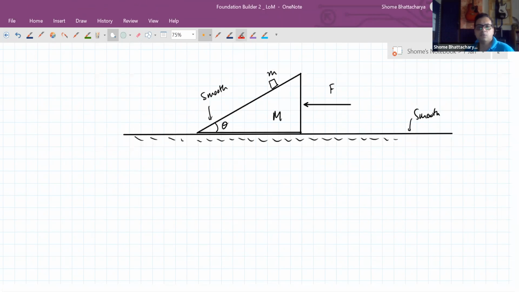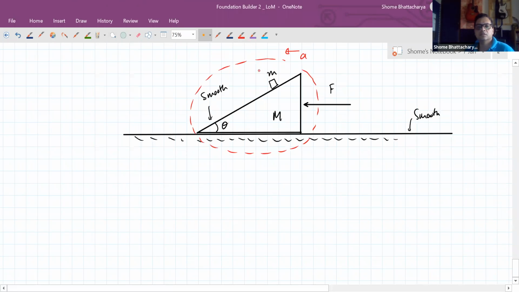So we can think of the block plus the wedge as a system, it moves with a common acceleration A like this, but the block remains at rest with respect to the wedge. Okay. So what we will see is that one moment the system is here when we start applying this force, and with this force continuously acting, after a while this system would have displaced like this. The whole thing is displaced together from here to here.